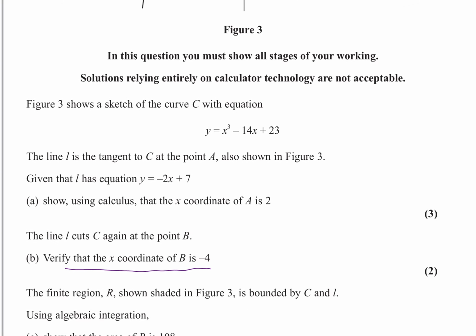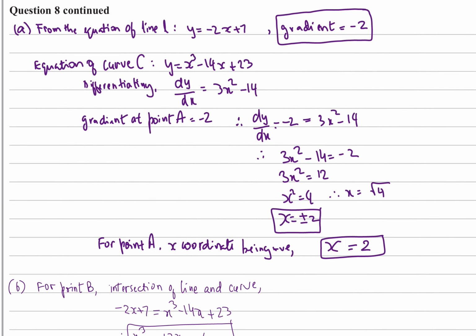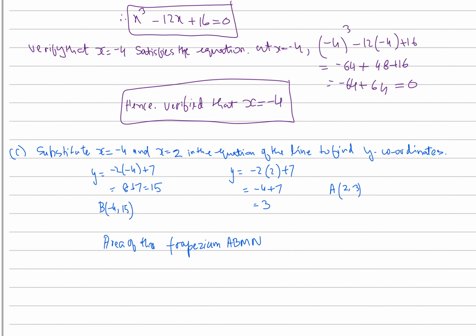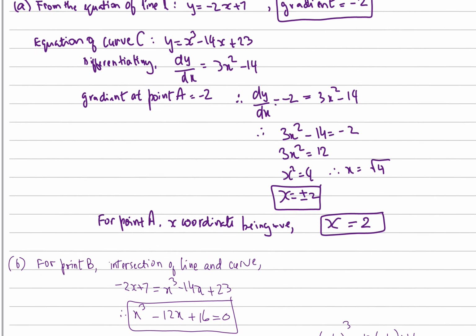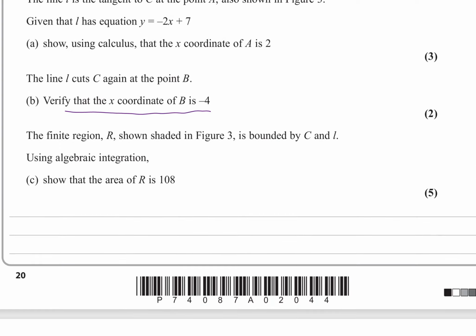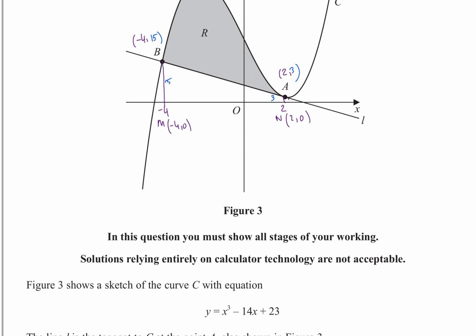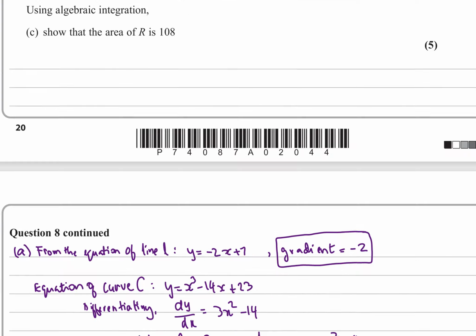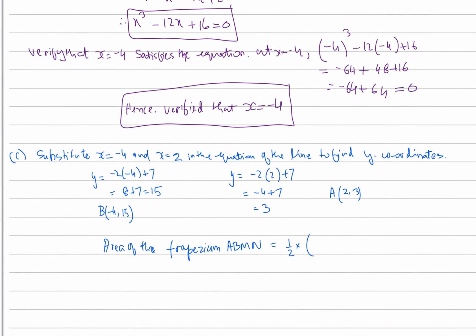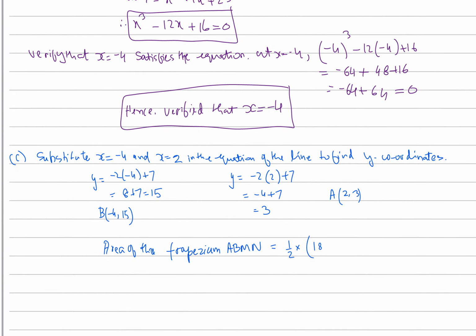So ABMN, yes. The area of the trapezium ABMN is equal to half times the sum of the parallel sides multiplied by the distance between them. The sum of the parallel sides is 3 plus 15, that's 18. So I will write 18 multiplied by the distance between them.